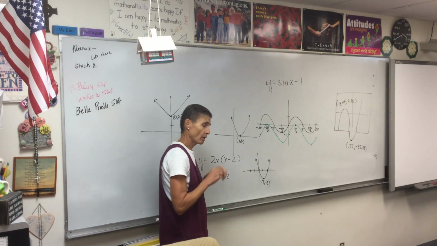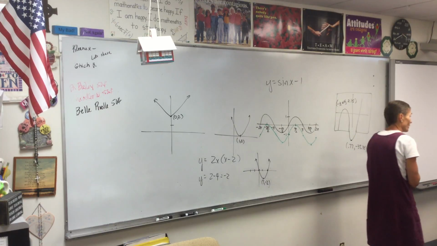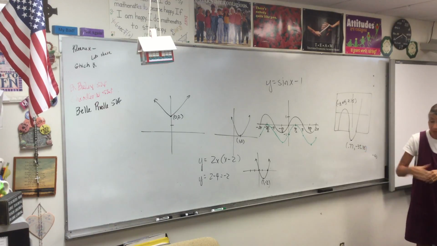Whoever that was, right on target. It's an x squared equation. What does an x squared equation always look like? A parabola. It's either going to have a max or a min depending on which way it opens, but it's only going to have one or the other. My minimum, I got 1, negative 2.